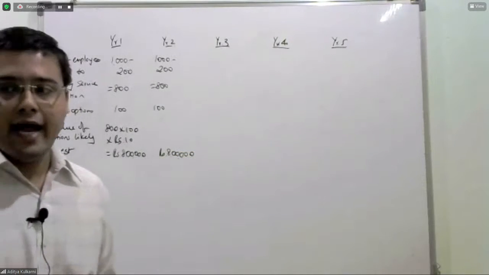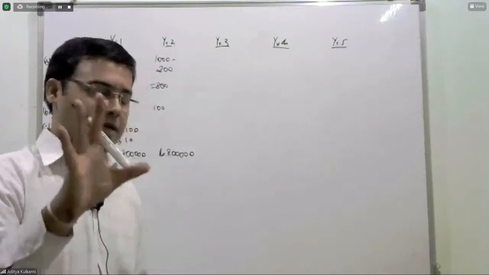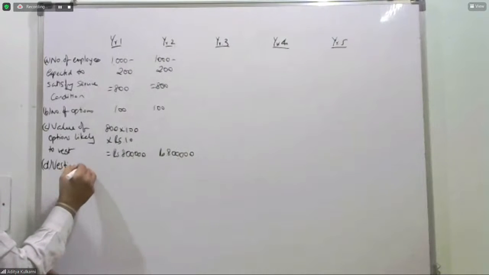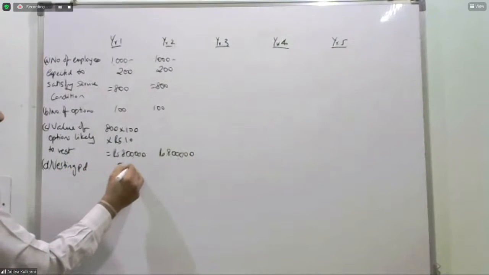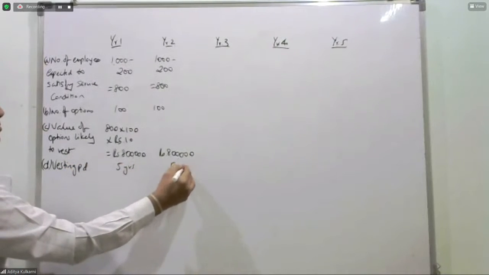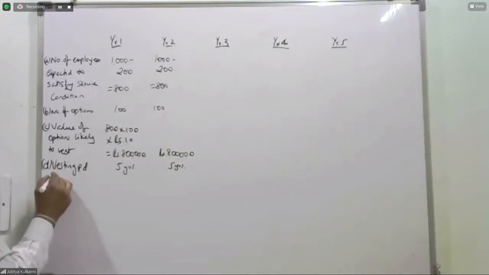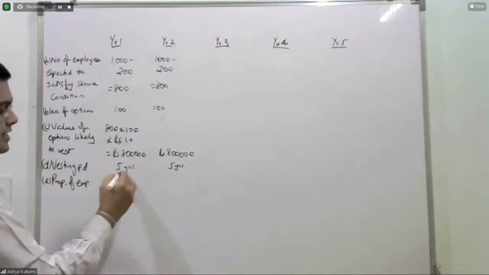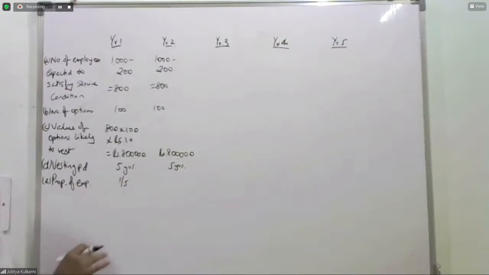All right. And initially the vesting period was 5 years. So the proportion of expenditure is 1/5 for the first year, 2/5 for the second year.